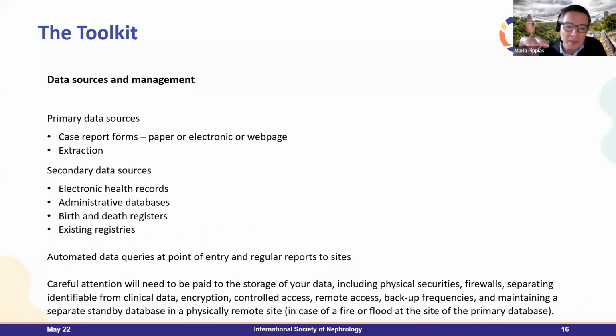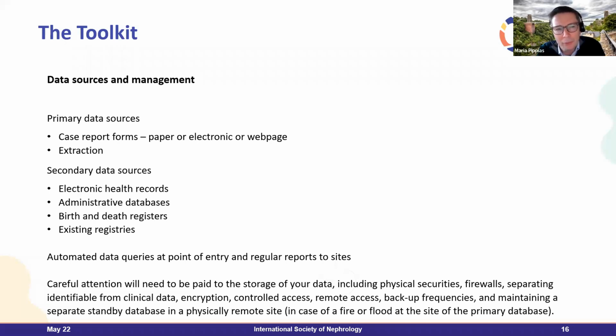There's a little program that sits in every kidney unit's computer, and it draws out the fields that we have agreed we will extract. And every quarter we get that data without anybody having to type it in or transfer it across. So it's a great model, but it has disadvantages as well. But you need to think about those things.